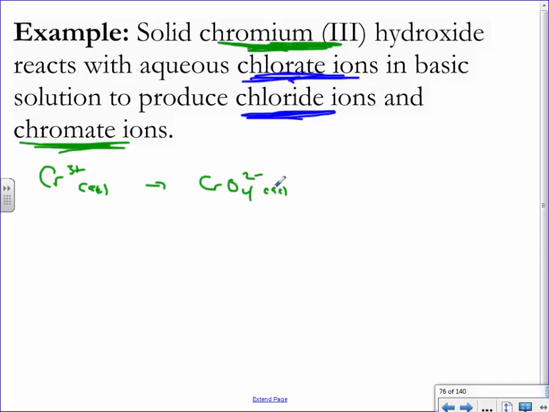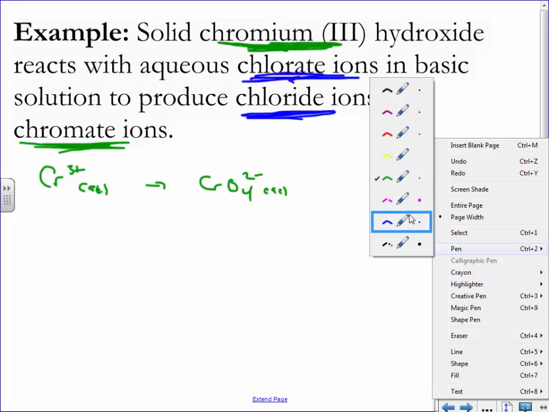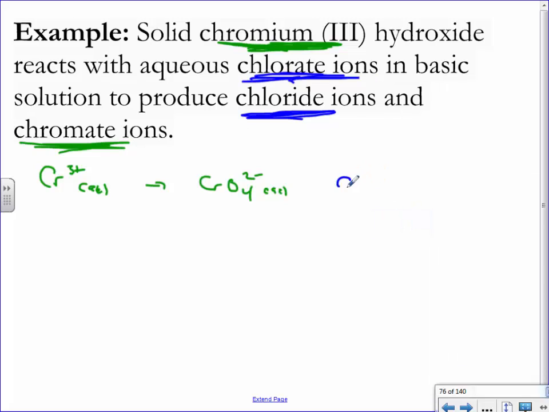Chromate. Yeah, it is 2 negative. Yeah, you're right. Should have trusted you. Okay, and then why don't I try to do this at the same time going down? I'm going to take some chlorate, which is ClO3 negative, and I will try to turn it into chloride ions, which is going to be Cl minus.